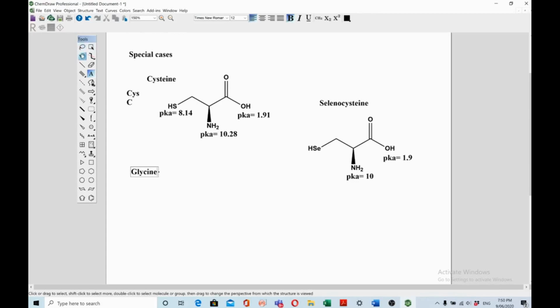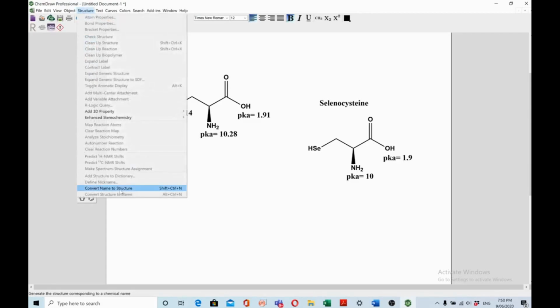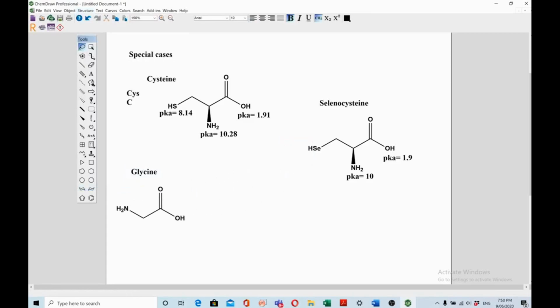Glycine is another amino acid, and this is the simplest one and does not have any chiral center. It is achiral. This is the alpha carbon, and the alpha carbon contains the NH2 group and the acid group. That's why these are also called alpha amino acids, because they are connected via the alpha carbon.